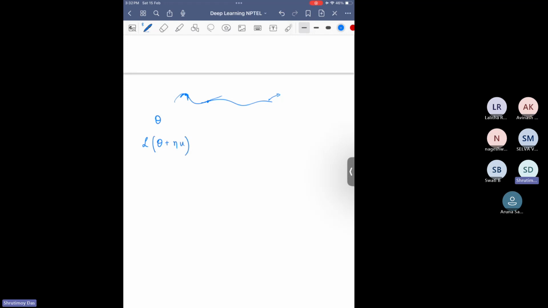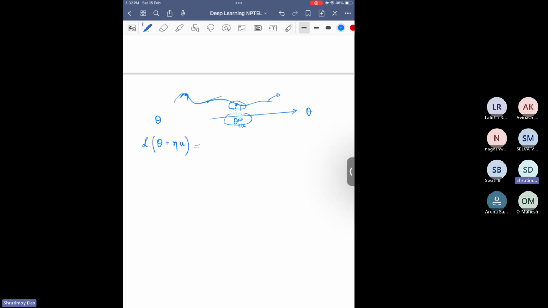So I want to check the function value at a certain distance from theta. This is my function, this is my theta axis, and suppose this is the point I am at, theta. What is the value of the function at a distance of eta times u? Because eta is small, we are in the close neighborhood of this theta parameter.